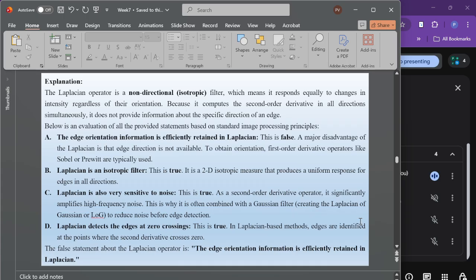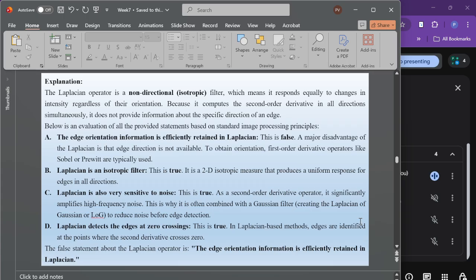Option C is Laplacian is also very sensitive to noise. This is also true. As a second order derivative operator, it significantly amplifies high frequency noise, and this is why it is often combined with a Gaussian filter, creating the Laplacian of Gaussian or LoG, to reduce noise before edge detection.